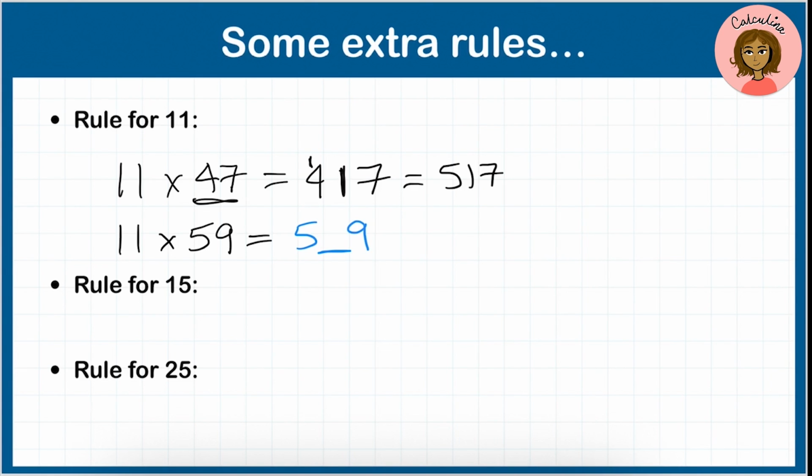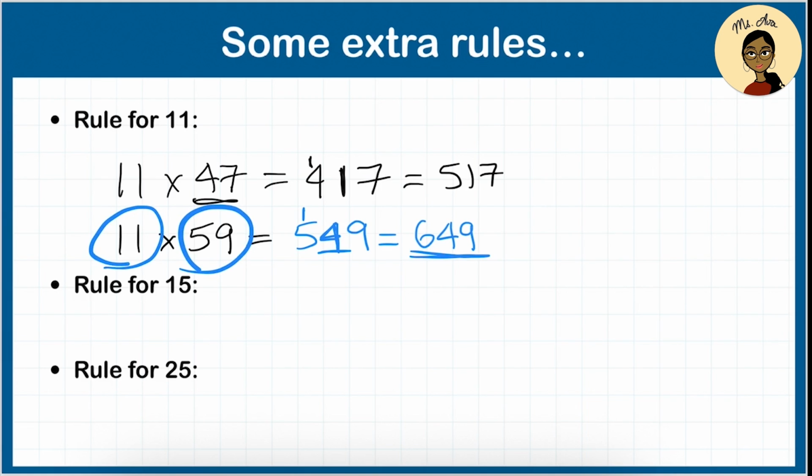Good. And then you put a 1 in the middle. Nope, that's where the 4 goes. The 4 goes here, the 1 goes up here, like you're carrying it over. And so what is the final answer going to be then? Oh, then I add the 1 plus 5, so it's going to be 649. Yes, exactly. Okay, so that's the trick for multiplying 11 times anything with 2 digits.